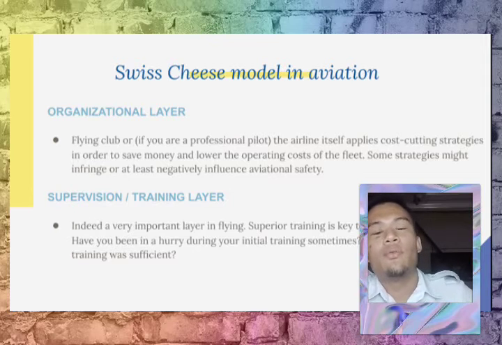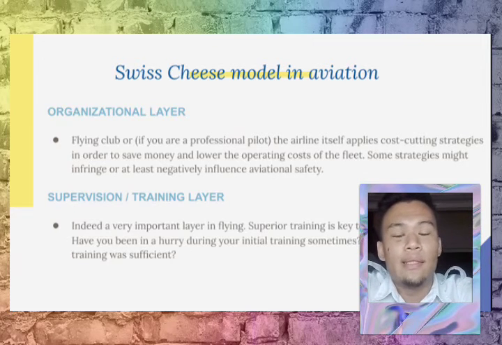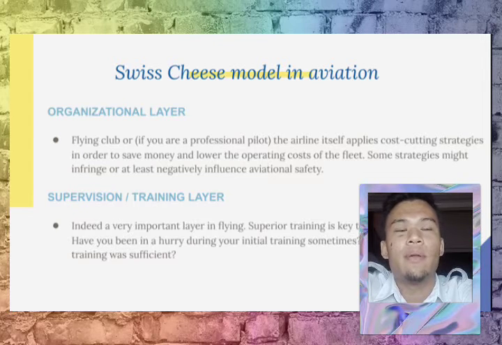Siyempre sir, yung multiple layers of Swiss cheese model, pag may proper process, safety protocols tayo sa workplace natin, tsaka pag mayroon tayong mga training at saka understanding sa mga pwedeng masamang mangyari at mga pwedeng makasira ng designing system, syempre magiging higher yung safety natin kasi alam natin yung mga gagawin natin at iiwasan na bagay para iwasan yung aksidente.